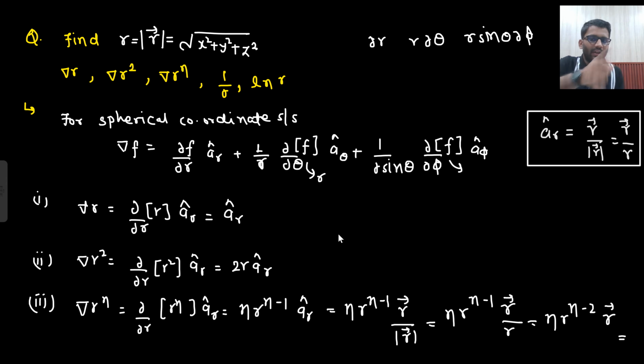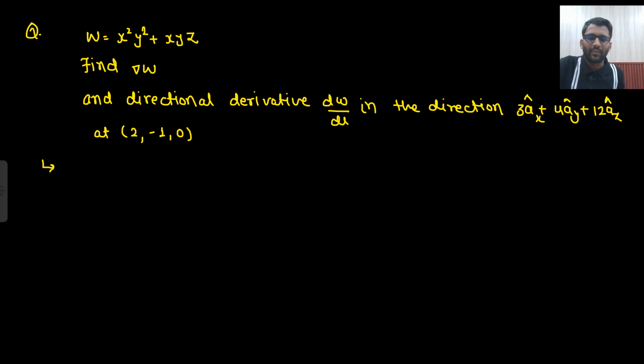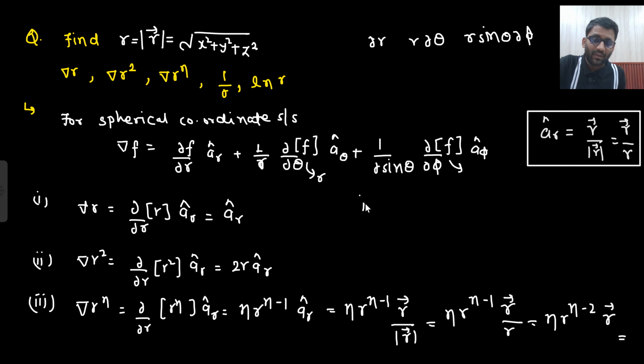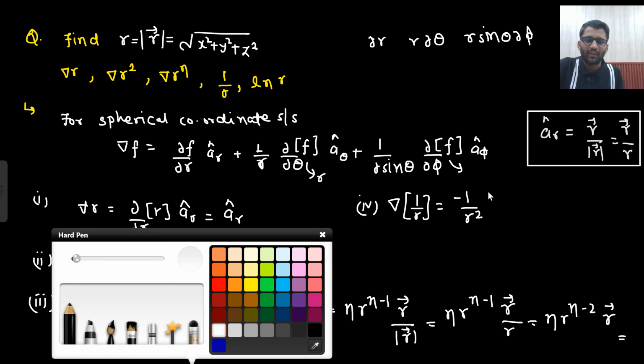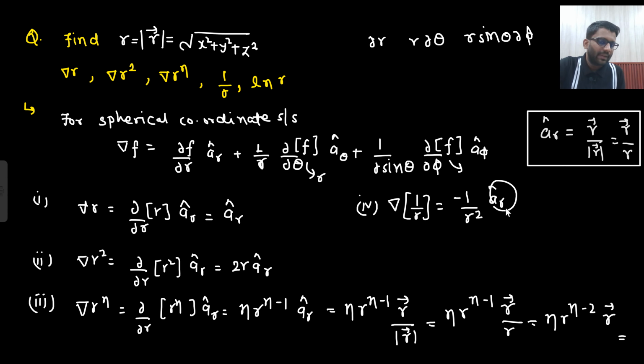So next, gradient of 1 by r. Here only we have to write down gradient of 1 by r. So what that would be? Differentiation of 1 by r with respect to dr, that would be minus 1 by r square and then r cap. Then you can write in this manner as well. Instead of r cap, I will write ar cap, because everywhere I am writing ar cap.